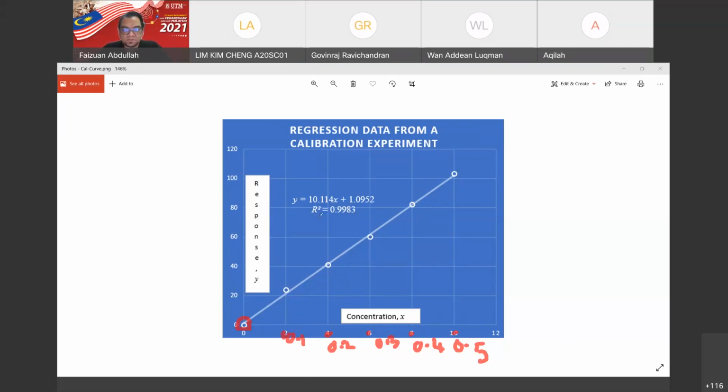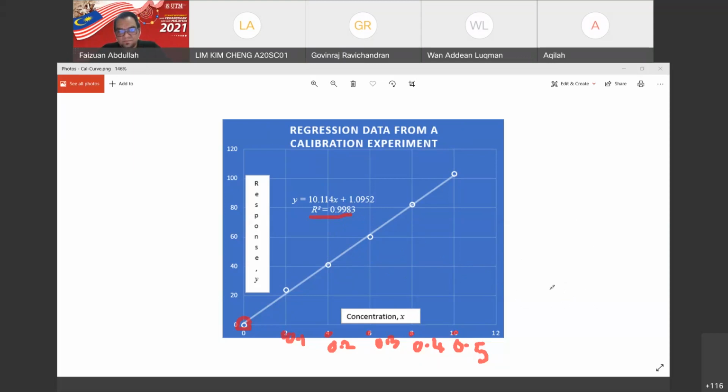So we get the R square of the linear curve, 0.9983, and this is the equation. What is the R square? What is the R square value for a linear graph?